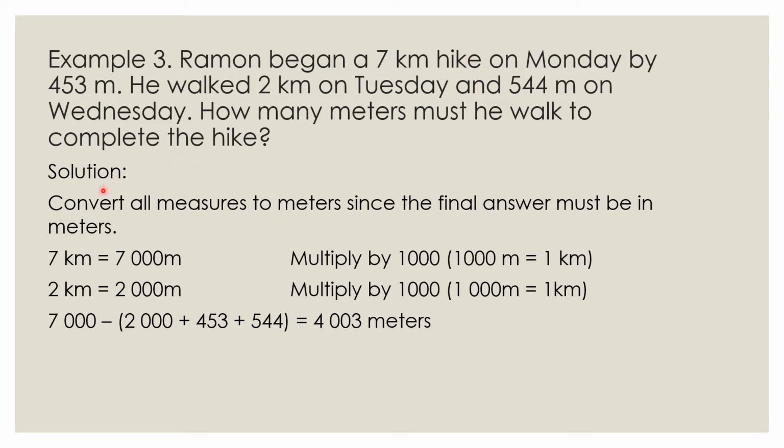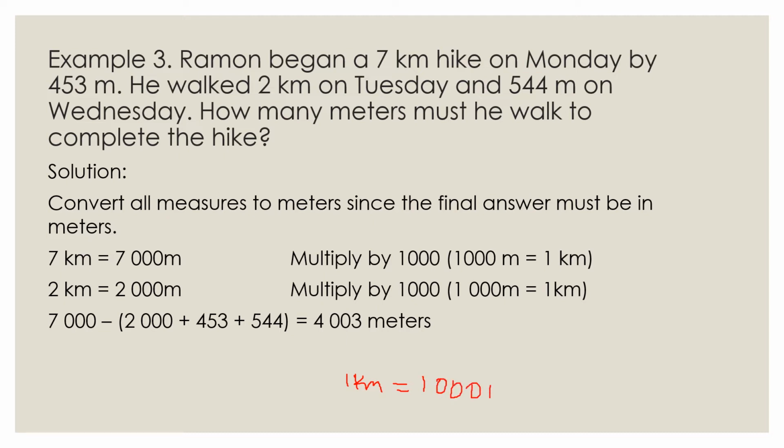Now, for our solution, convert all the measures to meters since the final answer must be in meters. So, we know that 7 kilometers is equals to 7,000 meters because 1 kilometer is equals to 1,000 meters.